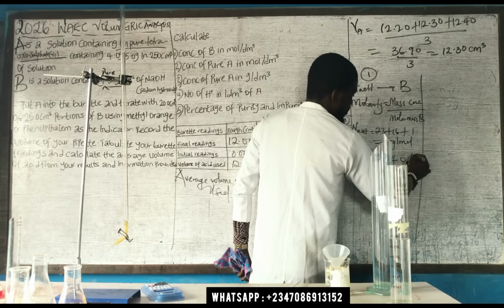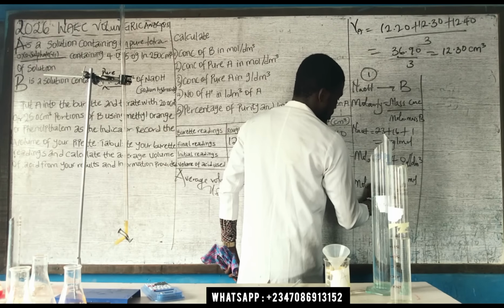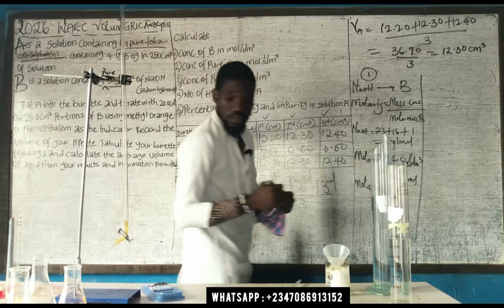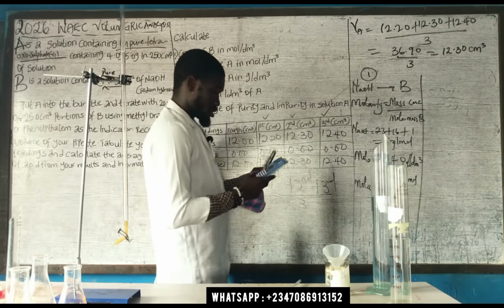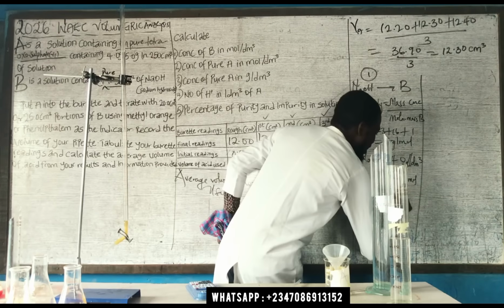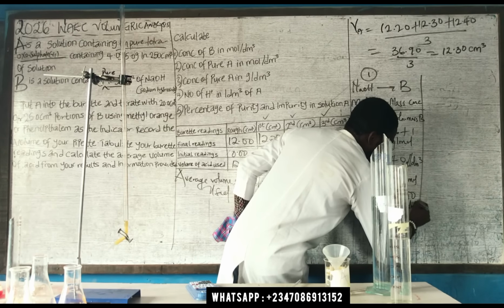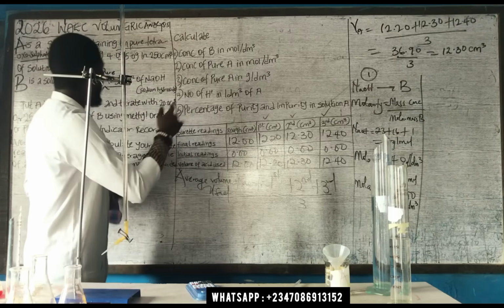Here we have gram per dm cube, so we cancel this. 4 divided by 40 is 0.100 mole per dm cube. That is for the first one.